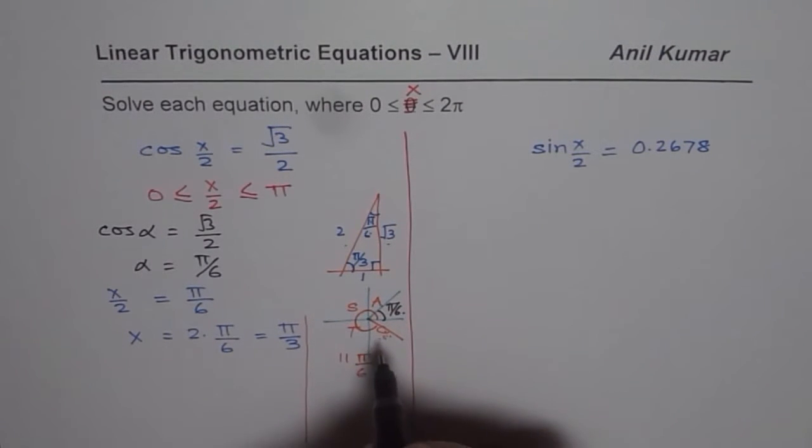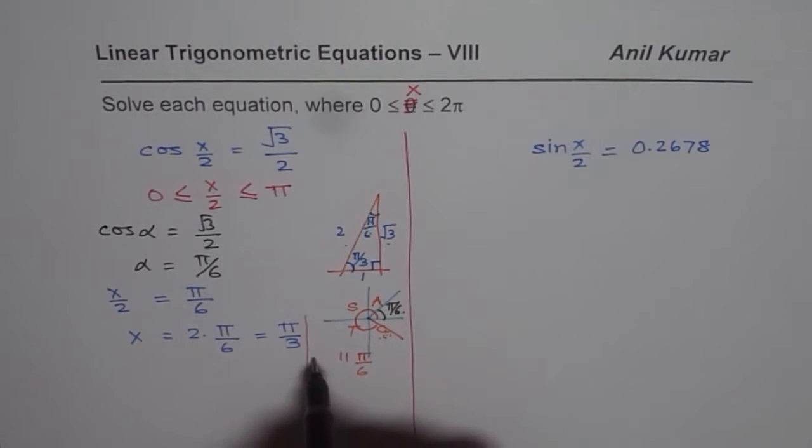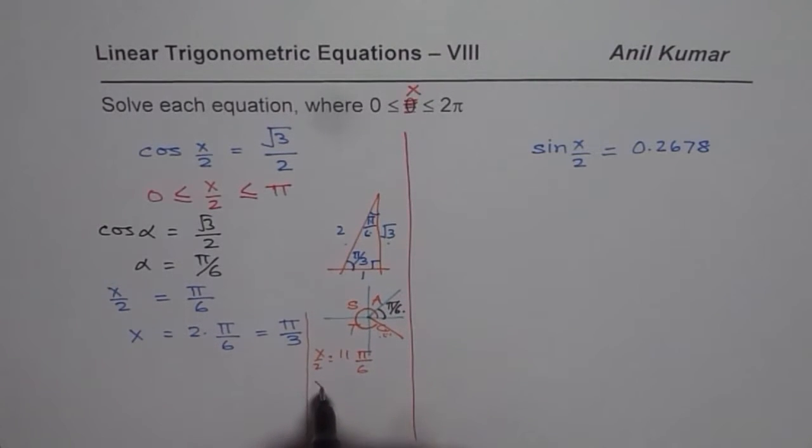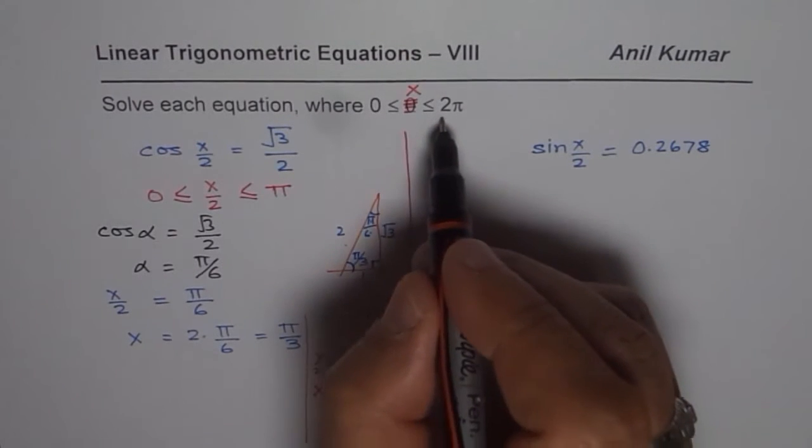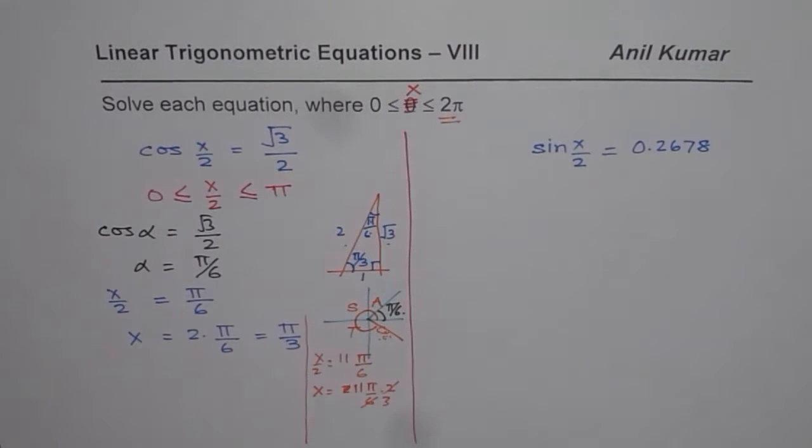Correct? In that case, this is x by 2. In that case, x will be 11 pi by 6 times 2, correct? Or you could write this as 11 pi by 3. That will make it more than 2 pi. So you'll go out of domain. So that answer is not in your domain. Therefore, we have only one solution here.